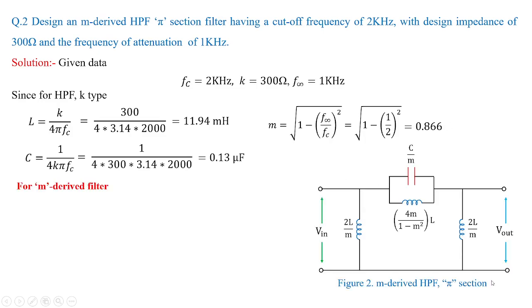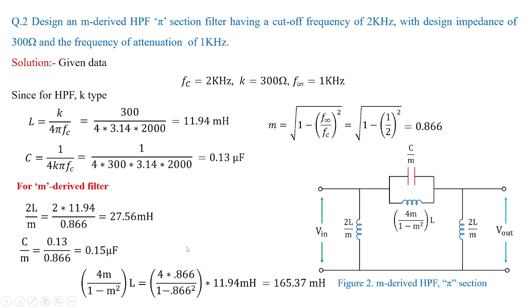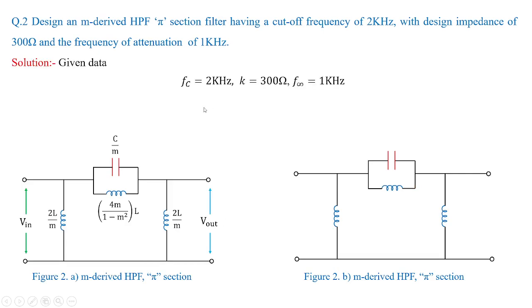Now you need to remember this design of the m-derived high pass filter pi section. Wherever you have C by M, calculate the value of C by M and 2L by M. Here we have M equal to 0.866. So 2L by M is 27.56 millihenry.